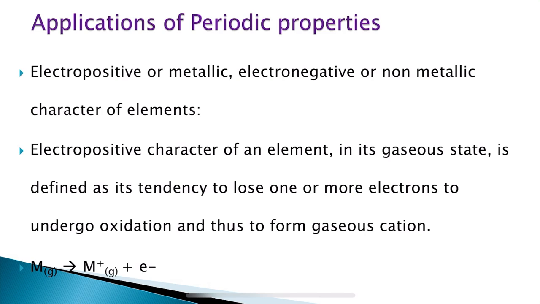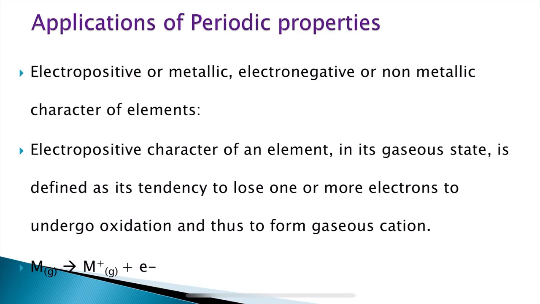If we know the ionization energy and electron affinity, measured in electron volts, it is easier to calculate the electronegativity. This is where we stopped in our last class.